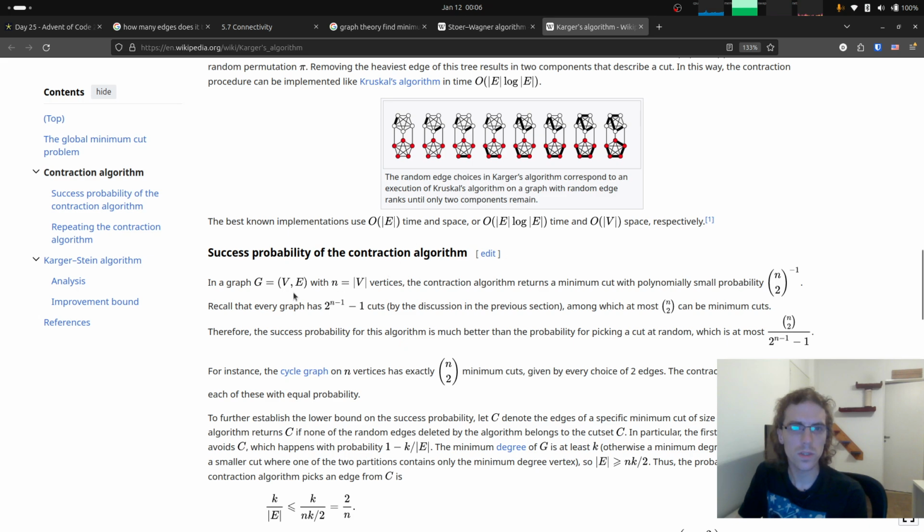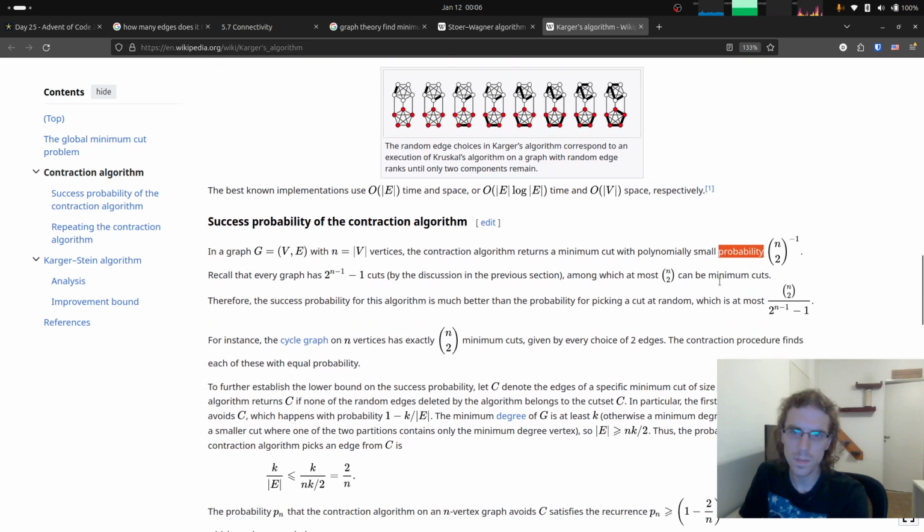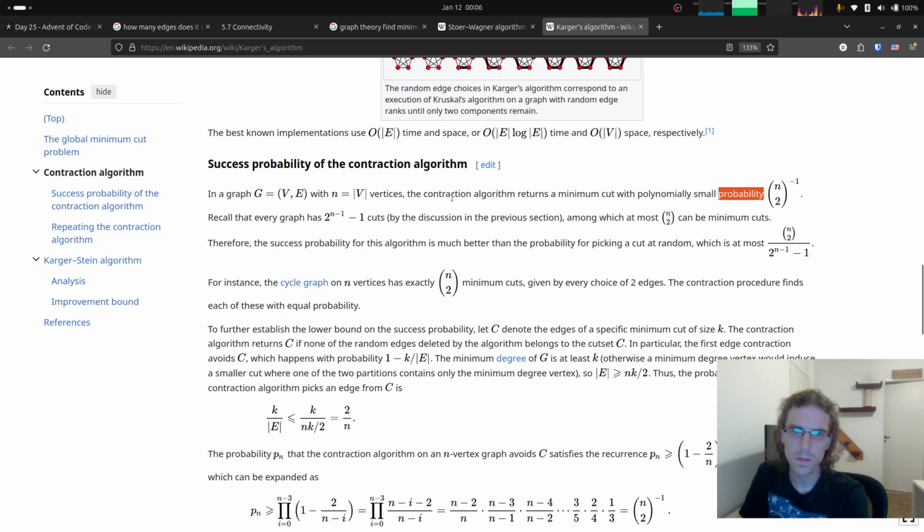Success probability of the contraction algorithm. In the graph G(V,E) with V vertices, the contraction algorithm returns a minimum cut with polynomially small probability. Polynomially small.